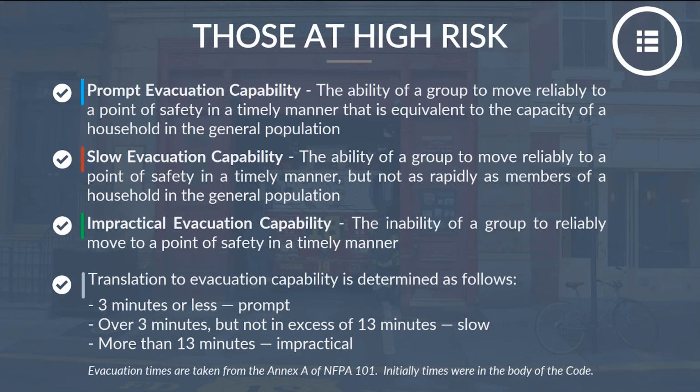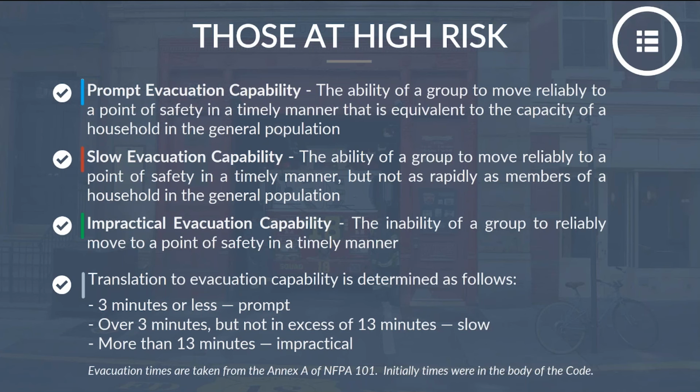So if we look at prompt, that's the ability of the group, although we could limit this down to the individual, to move reliably to a point of safety in a timely manner that's equivalent to the capacity of a household in the general population. Again, remembering that the assumption in 1 and 2 family dwellings is folks can promptly evacuate.